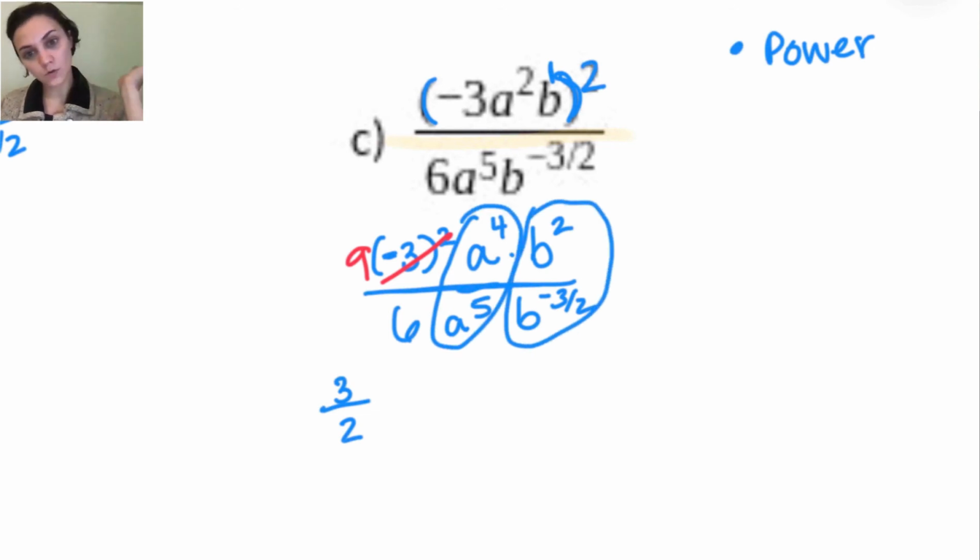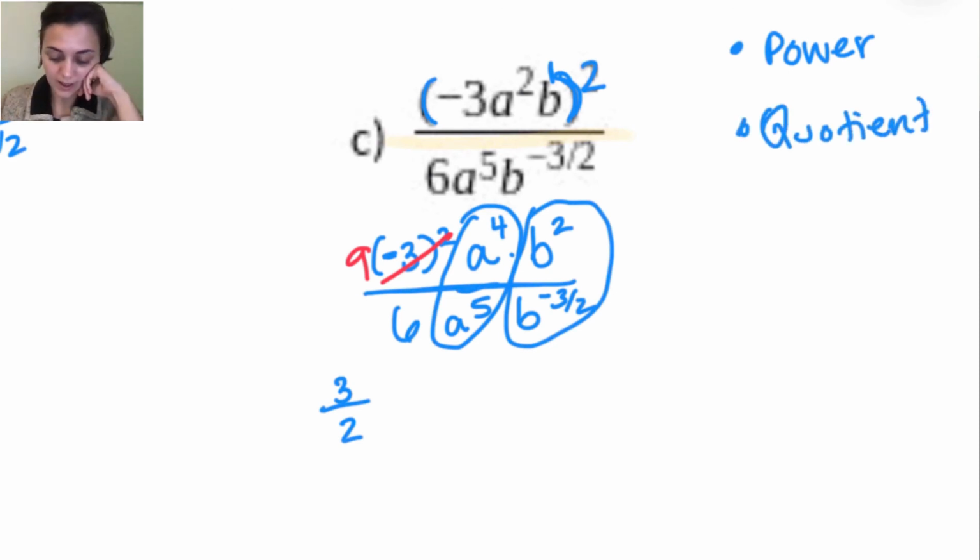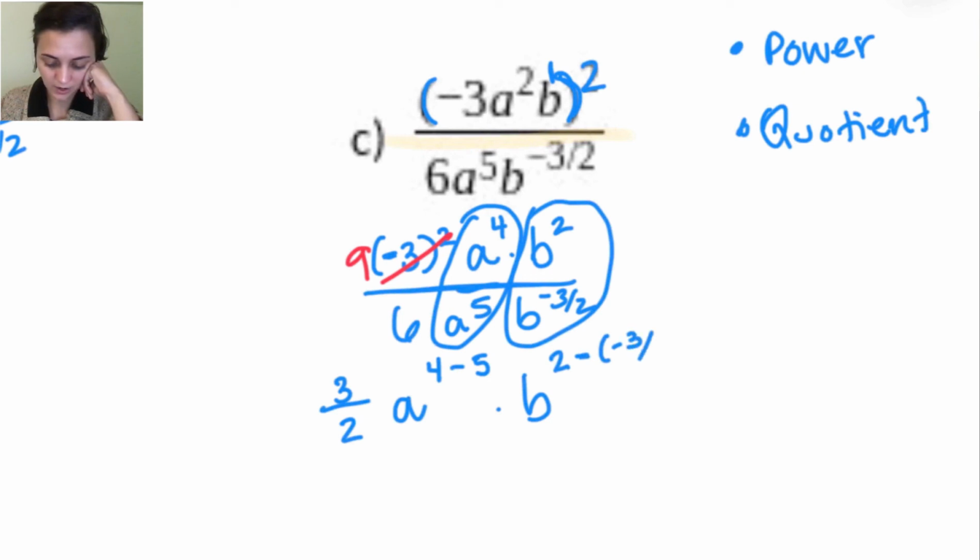The quotient rule says that if I'm dividing terms that have the same base, I can subtract the exponents. So here, you subtract the numerator exponent minus the denominator exponent. And then with b, we subtract the numerator exponent minus the denominator exponent, being really careful about those negative signs.